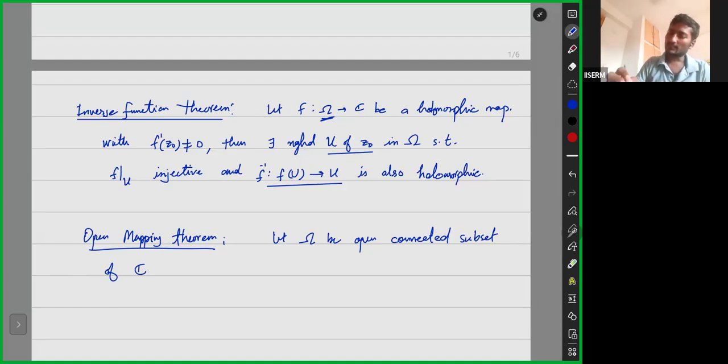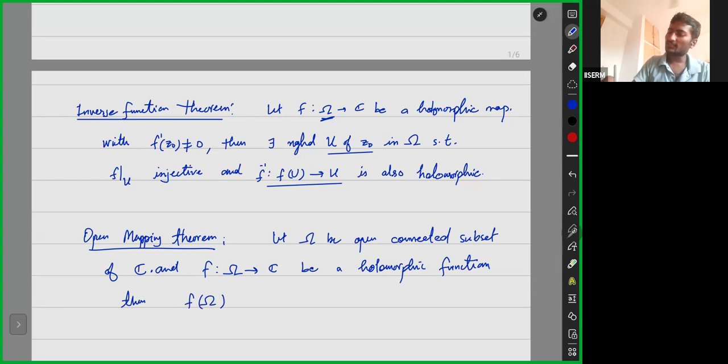Let omega be a subset of C, and f from omega to C be a holomorphic function. Then f of omega, this image set, is open.